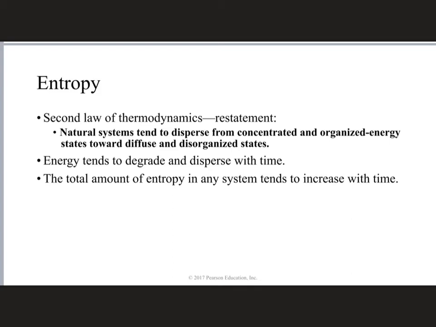In other words, energy tends to degrade and disperse with time, and the total amount of entropy in any system tends to increase with time. So this is related to the flow of heat, but basically the idea is that over time systems become more and more disordered. There's sort of a classic example of this in physics.